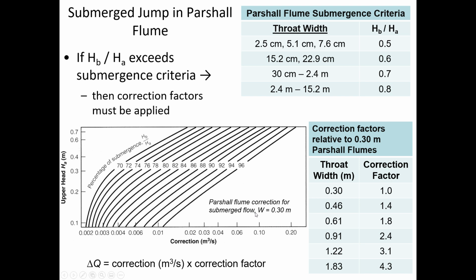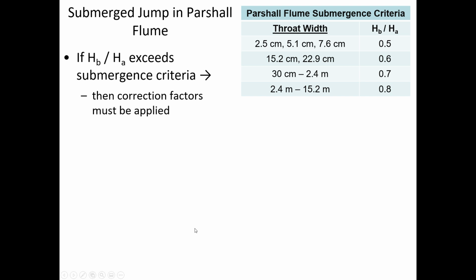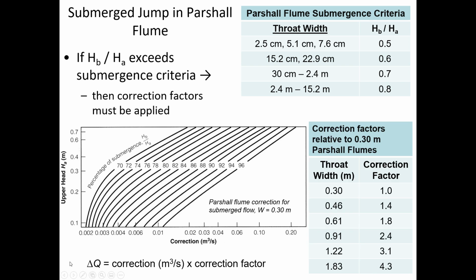So you can see here that this is for a throat width of 0.30. Sometimes you won't have the curve for the throat width that you need. And so you can extrapolate with this given nomograph to other flume widths by multiplying the correction factor by the correction that you see. So then the overall flow rate would be the free flow Q minus this delta Q.